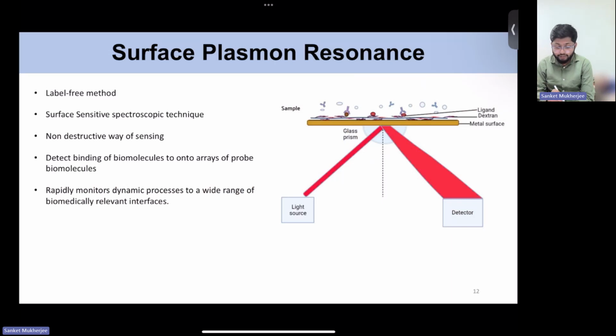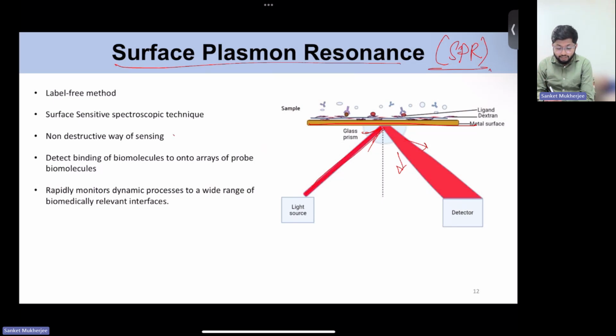Another way of studying interaction is called SPR, surface plasmon resonance, where you have a metal surface and then over it you have sample molecules. It's a label-free method. It's a surface-sensitive spectroscopic technique. There's a light source which strikes the surface, and based on the interaction, you will have difference in the resonance energies transferred, the light which comes out.